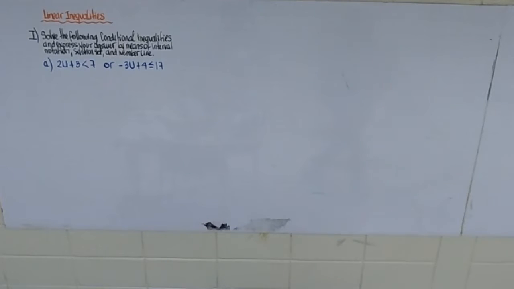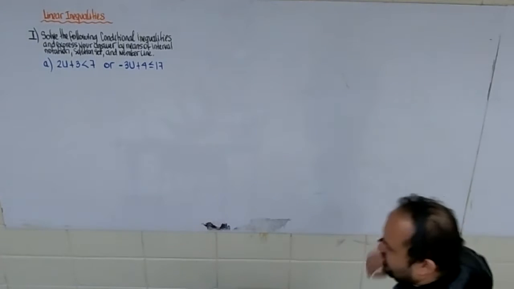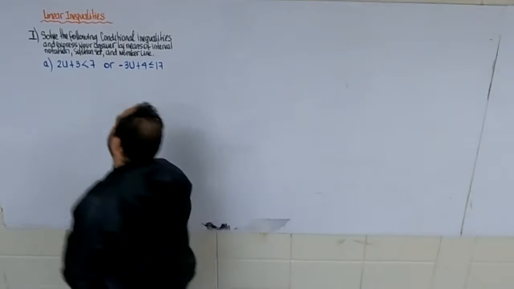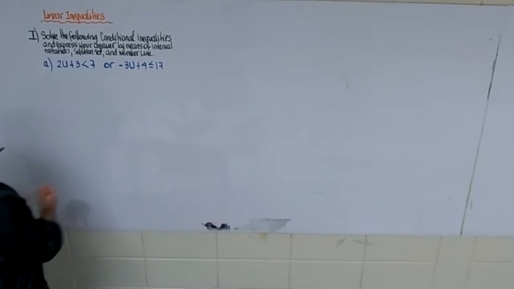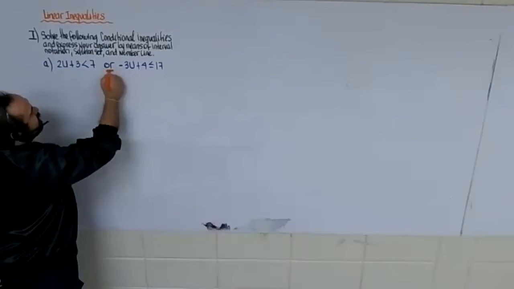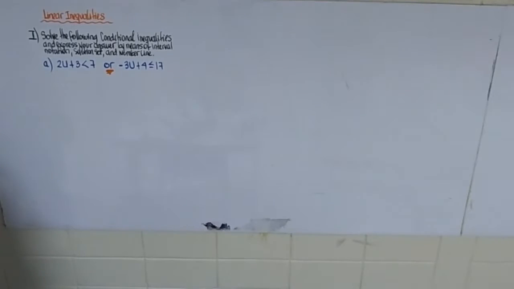This is the name because we're going to join these two inequalities by this condition. It could be the word or, or we can use the word and. But at the end, the way we're going to solve these inequalities will be the same.